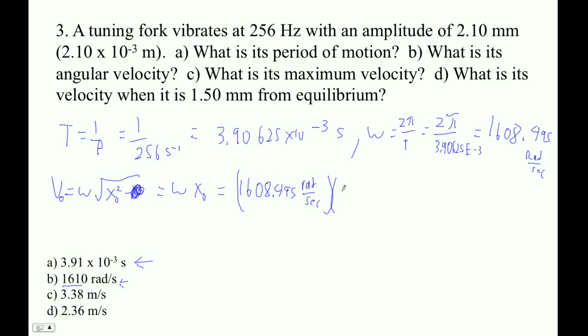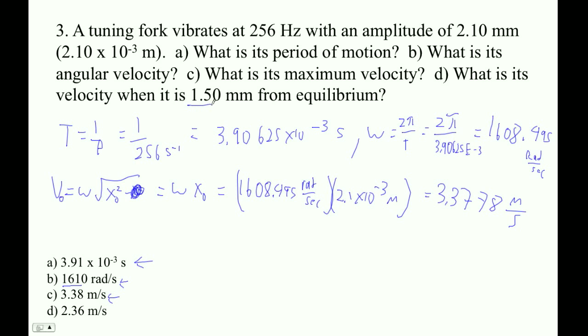That's a lot for a tuning fork to move, but I want it to be fast. So 2.1 times 10 to the minus third meters. Times 2.1 e minus 3, and I get 3.33778 meters per second.